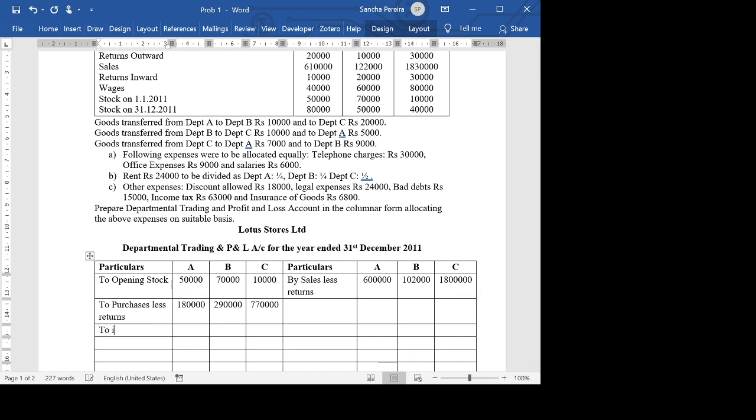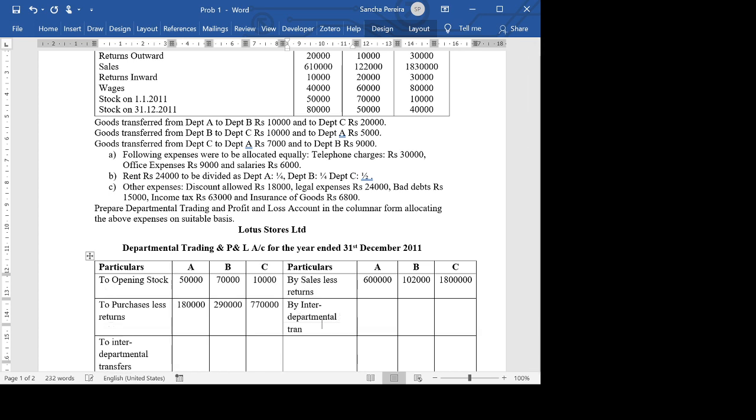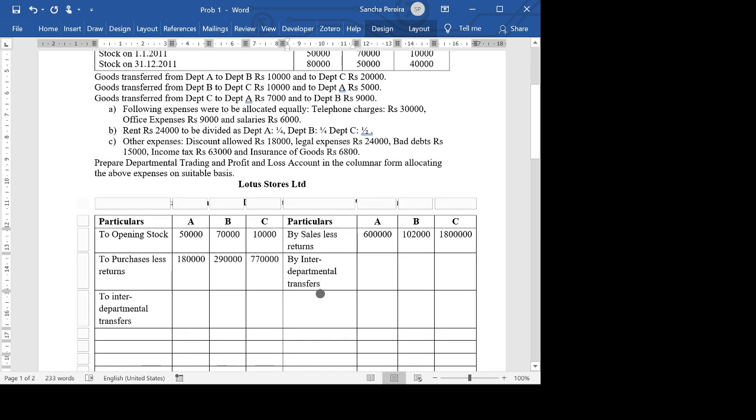Okay, so to interdepartmental transfers, and here we have by interdepartmental transfers.